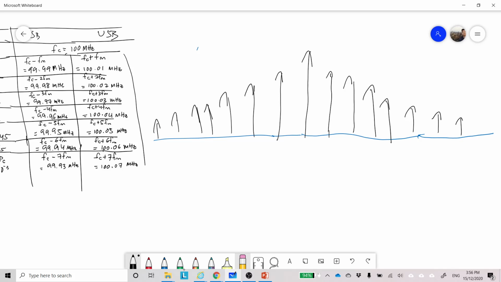So di sini adalah 100, 100.01, 100.02 sehinggalah 100.07. Okay. Di sini ada 99.99 sehinggalah 99.93. Okay. Dan you kena tulis dia punya power, you kena labelkan dia punya power.